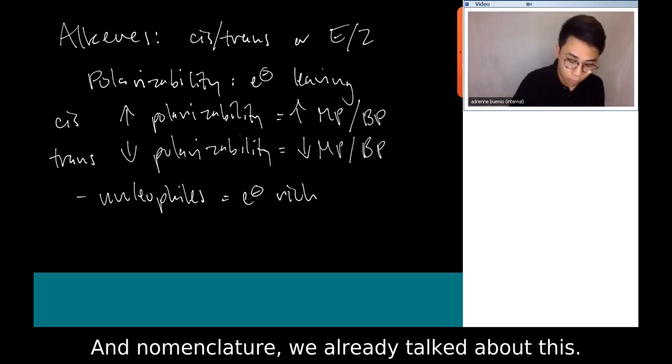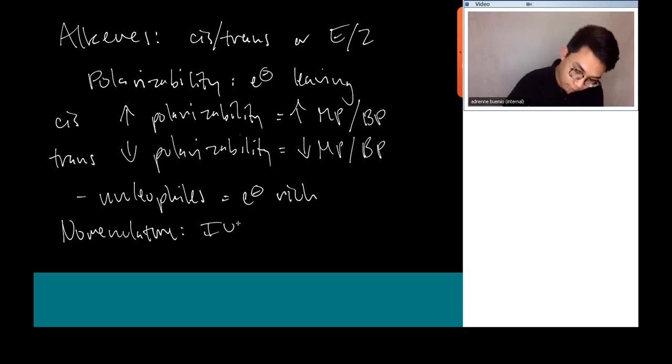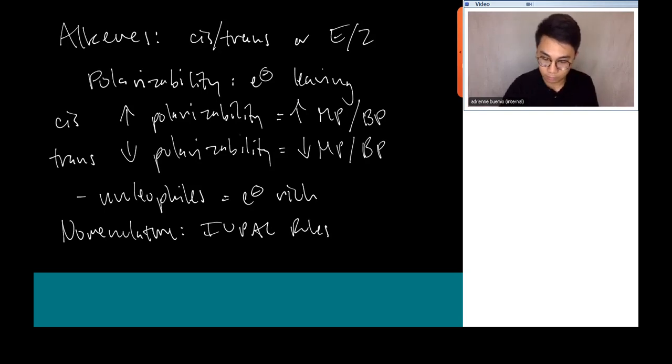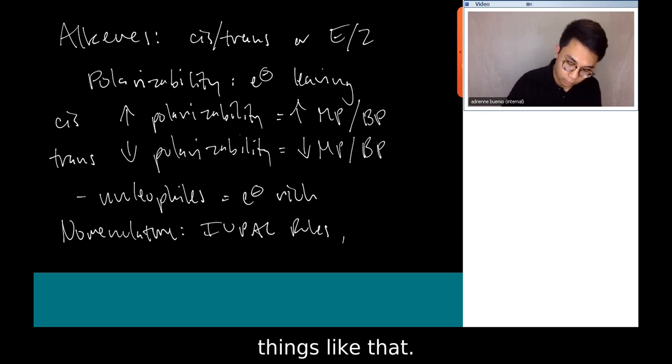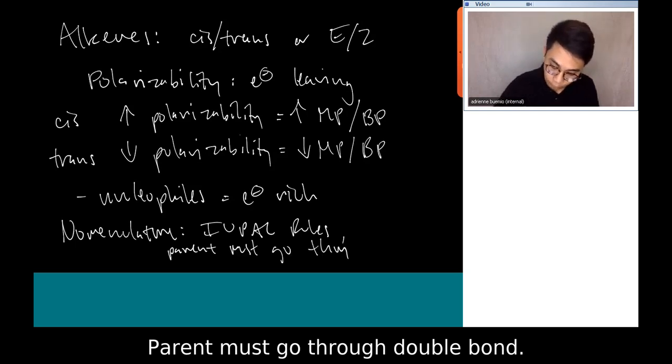And nomenclature, we already talked about this. IUPAC rules apply. We have cis, trans, E, Z, things like that. The parent must go through the double bond, right?